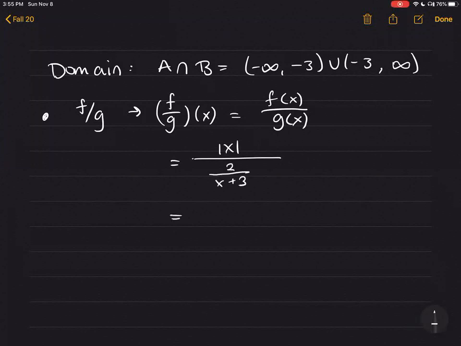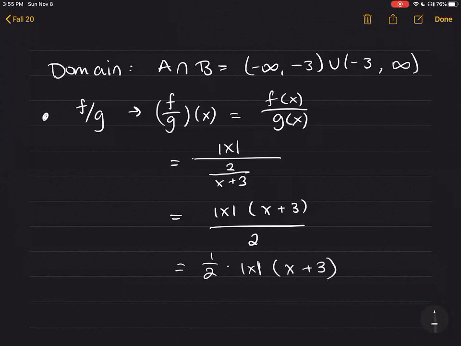And so if we use our fraction arithmetic, we get that this is equal to absolute value of x times x plus 3 all over 2. And I'm going to simplify that out to be 1/2 times absolute value of x times x plus 3.